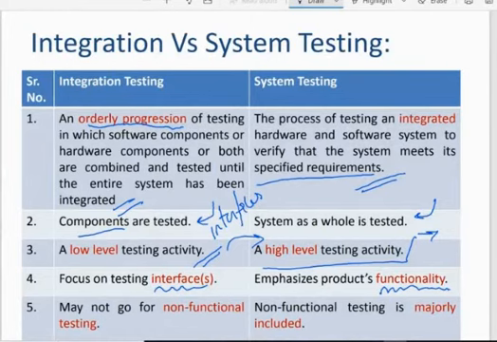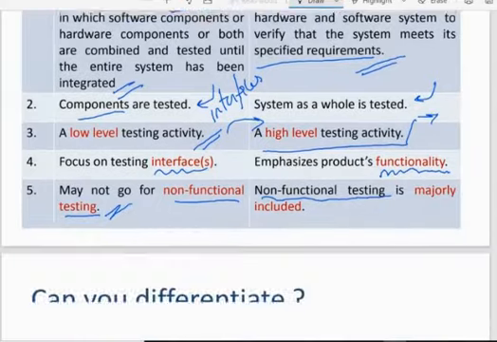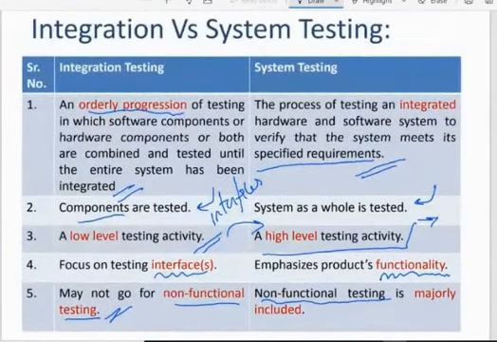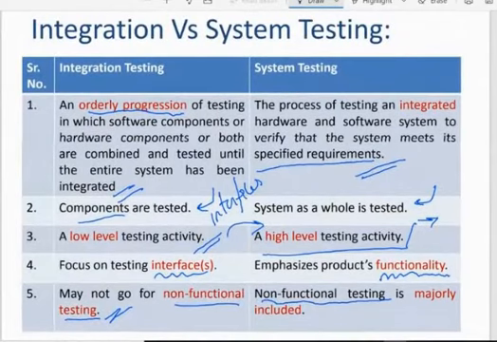In integration testing, I may not go for non-functional testing. But here my main focus will be on non-functional testing only. Right. So these are some of the minor and major differences between your integration and your system testing.